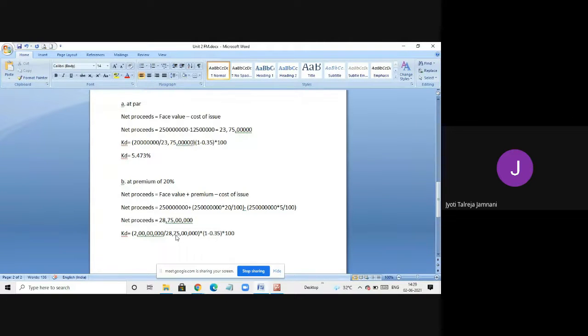So 2 crores divided by 28 crores 75 lakhs. You get 0.06956 into 1 minus 0.35 is 0.65 into 100. You get it as 4.521%.